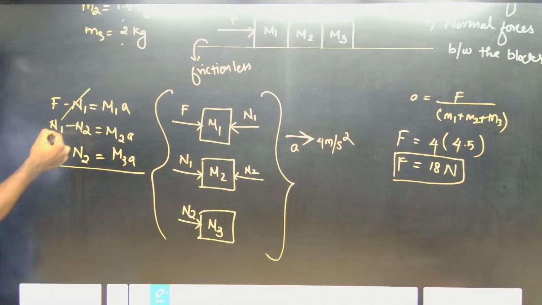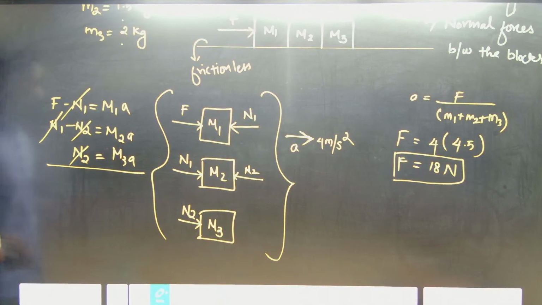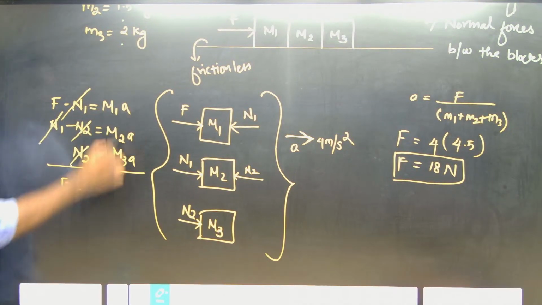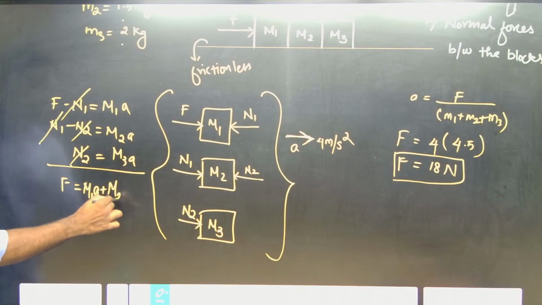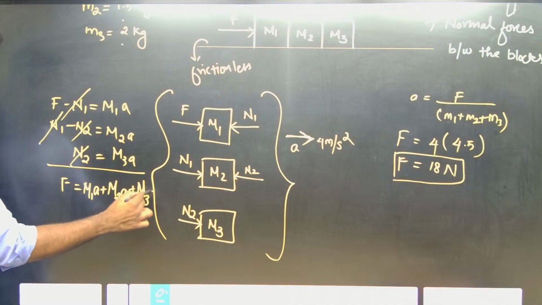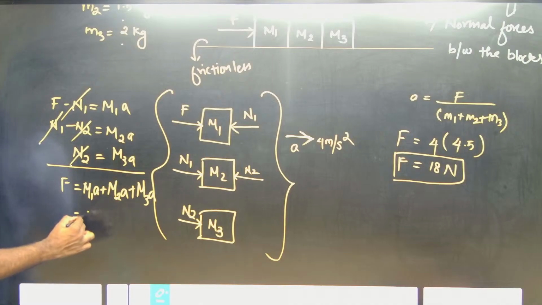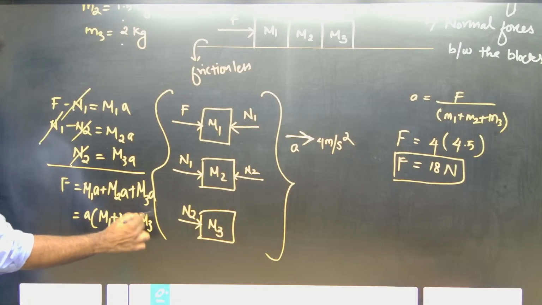Add everything: N1 and N2 get cancelled off, minus N1 plus N1, minus N2 plus N2. So F equals M1A plus M2A plus M3A. Take A outside: A into M1 plus M2 plus M3.